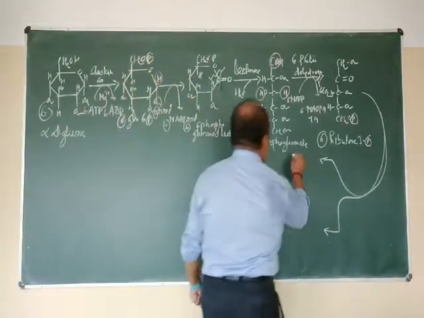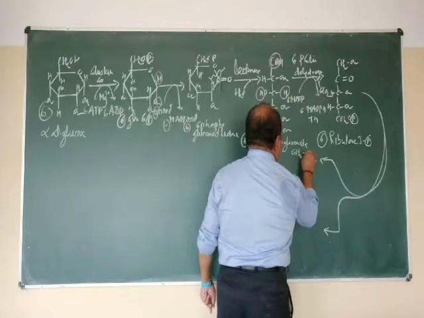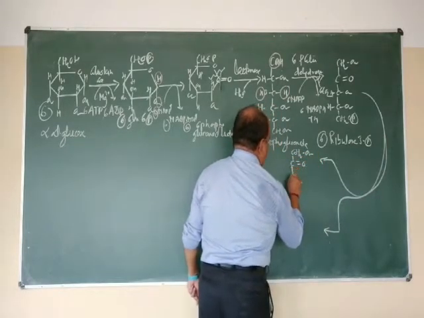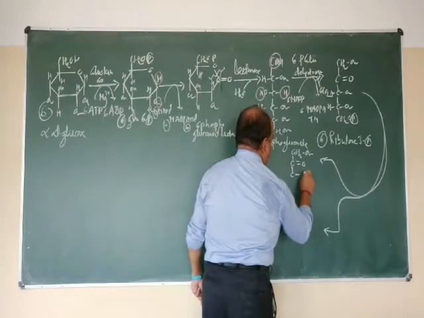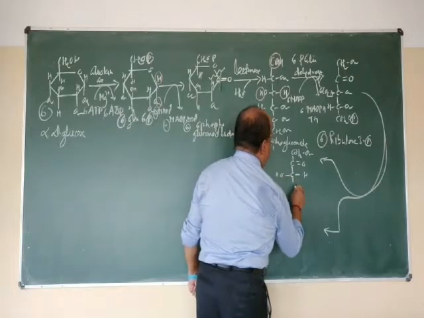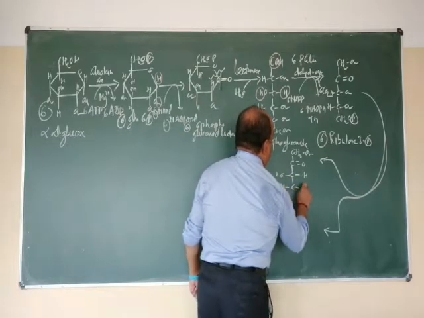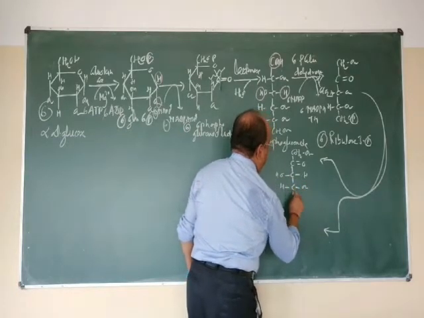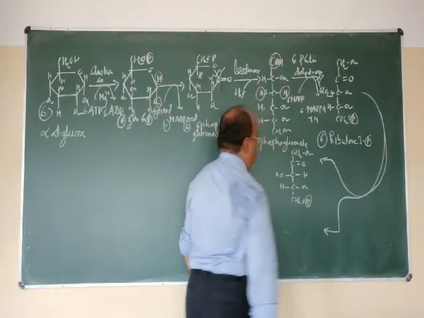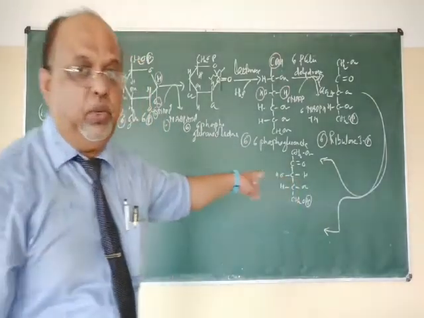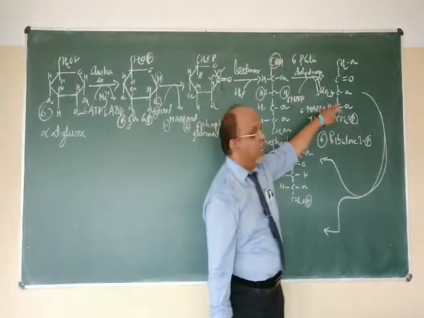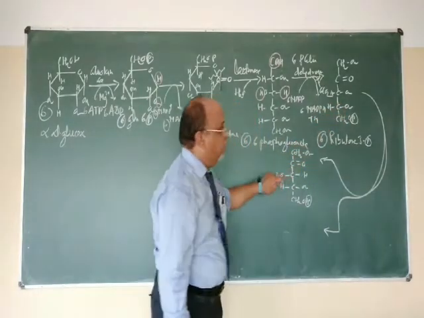Okay, so the structure becomes what? CH2OH, C double bond O. So the epimer of this shows the change in the position of H and OH on the ribose 5-phosphate. Okay, see, you can see the difference. That hydroxy group was on the right side, now it is on the left side.